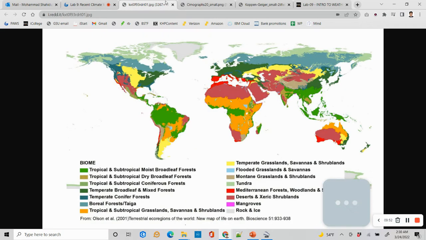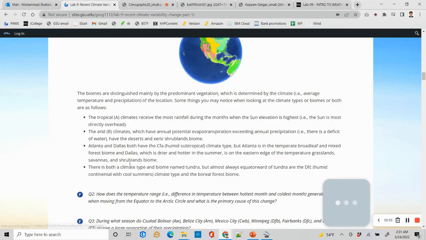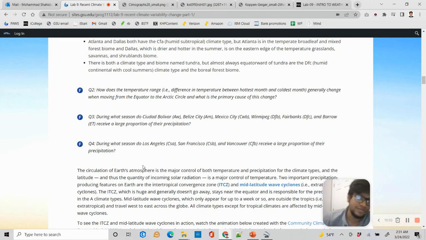So these two pages will answer questions 2, 3, and 4. Let me do one for you, and then you will be able to do the rest. How does the temperature range generally change when moving from the equator to the Arctic Circle? What is the primary cause of this change?